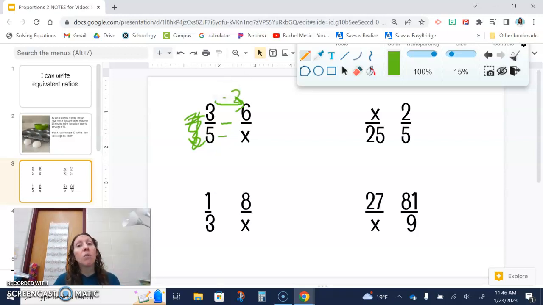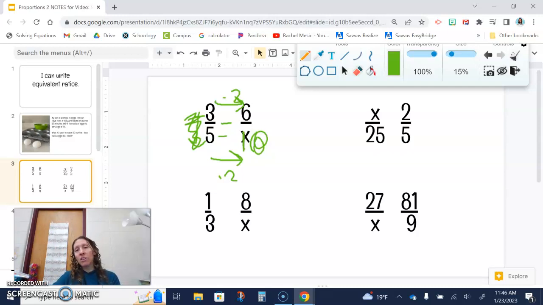So I'm doubling it while I'm going across. Kind of like solving for x, I have to do the same thing to both sides, and in this case, the sides are just the top and the bottom. So since I multiplied by 2 on the top, I'm going to multiply by 2 on the bottom. 5 times 2 is 10. Okay, so basically I doubled it on top, I doubled it on the bottom.